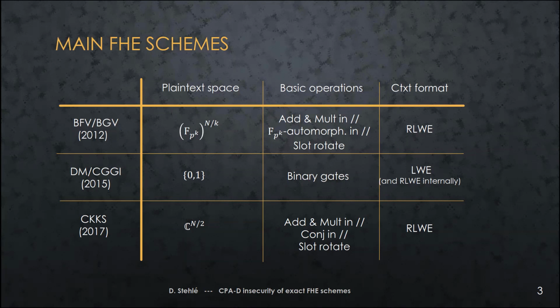Typically n would be around 2^15 or 2^16. The native operations on this plaintext space are component-wise addition, component-wise multiplication, some kind of Frobenius (F_p^k) automorphisms component-wise, and rotations of the coordinates.